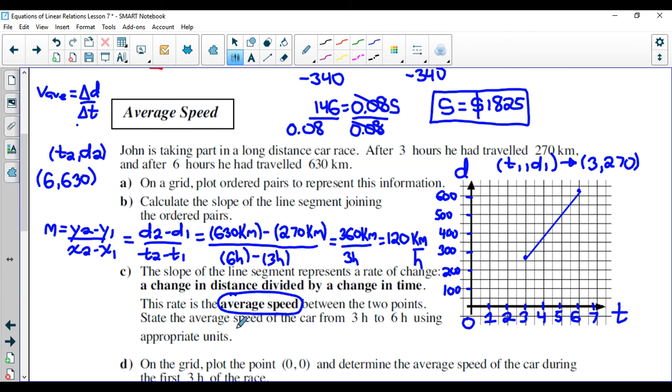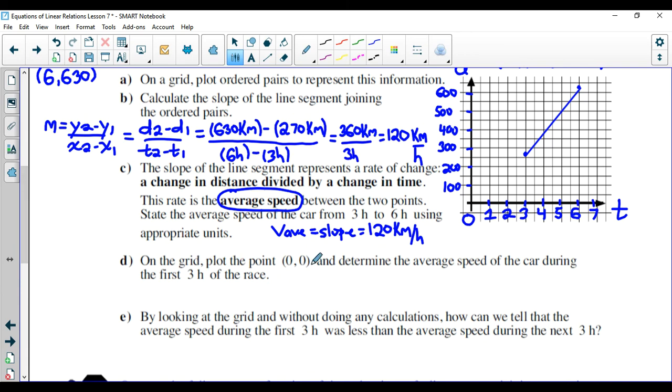Okay, so state the average speed of the car from 3 hours to 6 hours using the appropriate units. Well, we've already identified that. So your average speed here was equal to the slope, which is equal to 120 kilometers per hour.